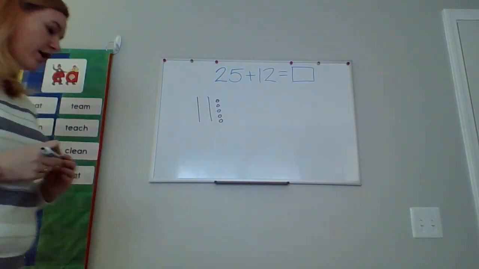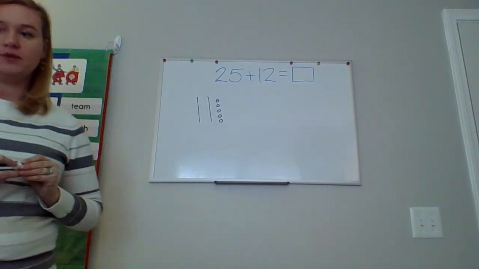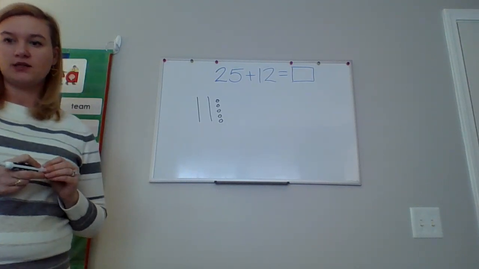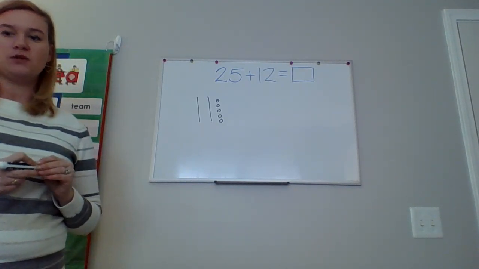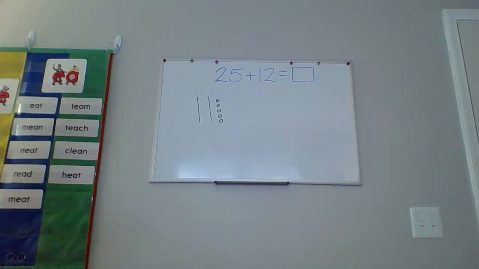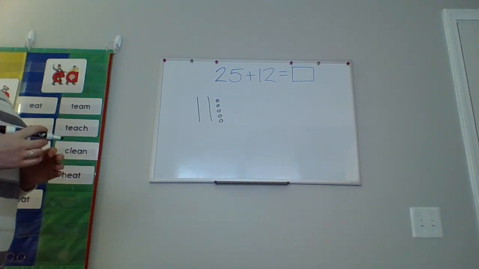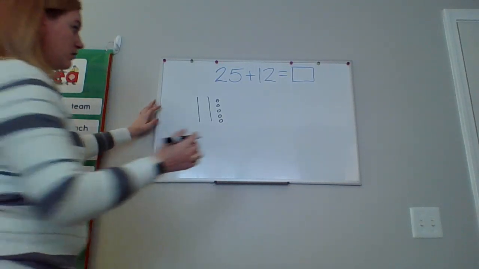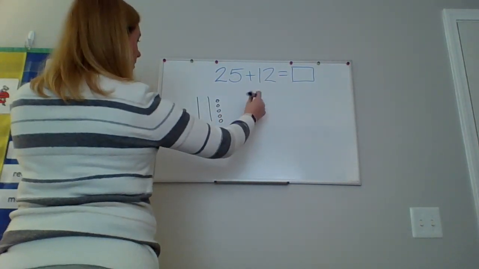Now, who can help me draw the number 12 in base 10 blocks? Who can help me draw 12 in base 10 blocks? Journey's hand was up first. Go for it, Journey. One what?